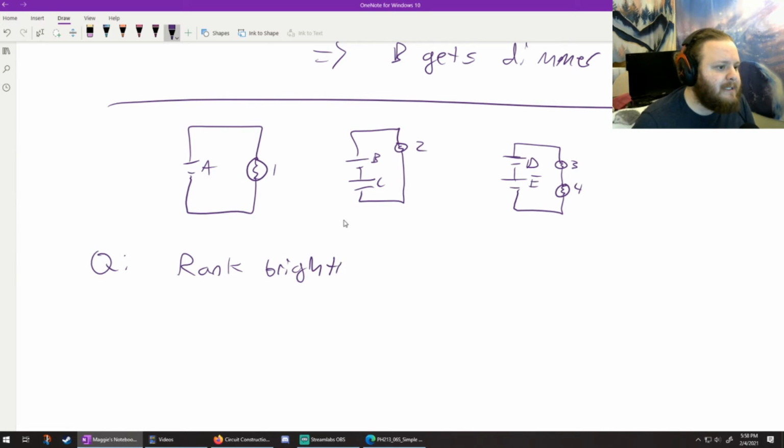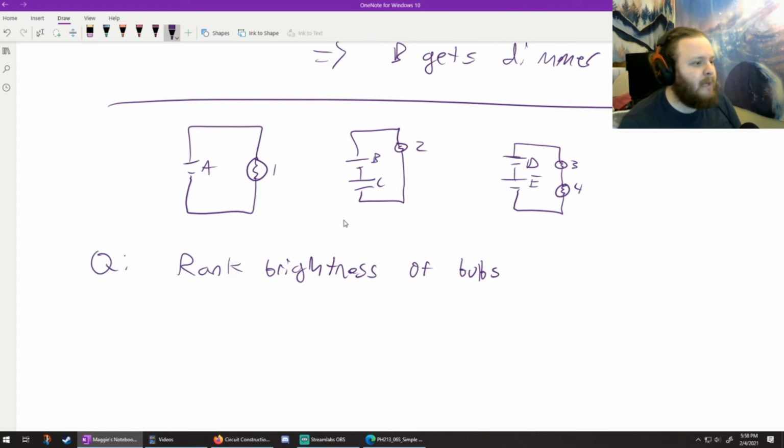Well, remember that brightness is given by voltage and current, but let's talk about voltage. They have been ranked. Maggie is ranking them. Yeah. So let's assume, as always, all of the light bulbs are identical and all voltage sources are identical.